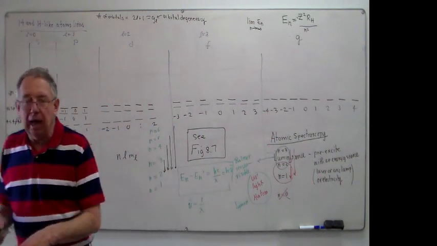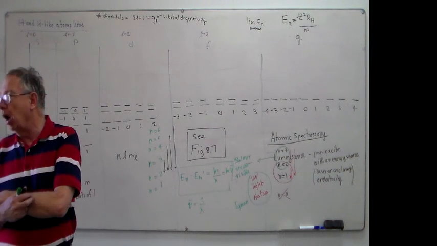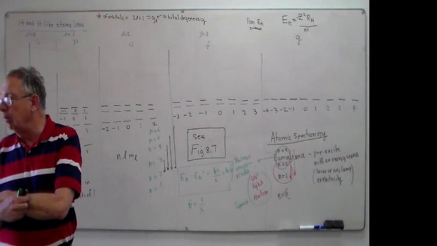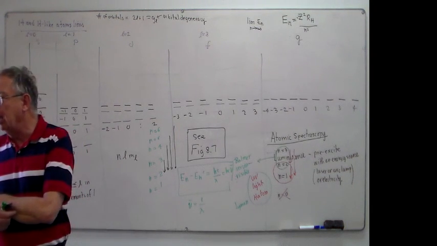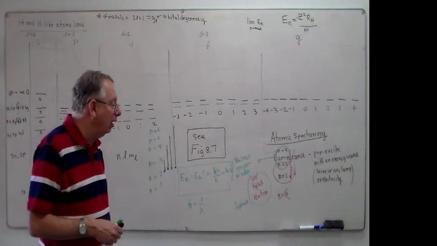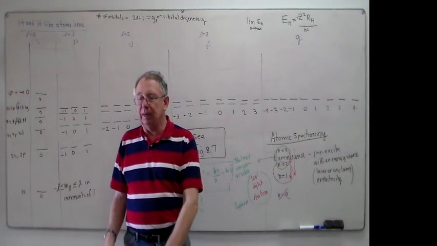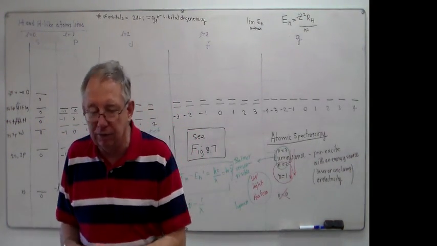So now we head into the lab where we measure our first atomic spectrum. And all I can say is atomic spectra are beautiful. They are spectacular, and they are full of information.